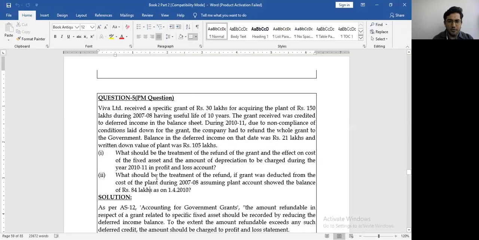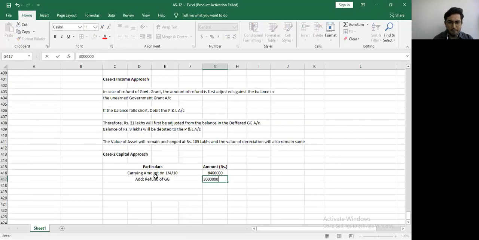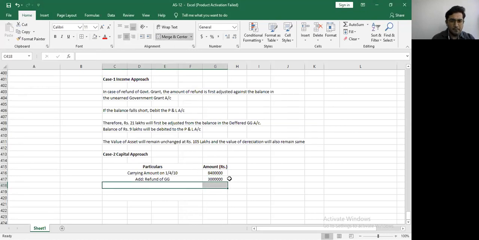Check your question. How much will you add? 30 lakhs? Your revised carrying amount will be 1 crore 14 lakhs.